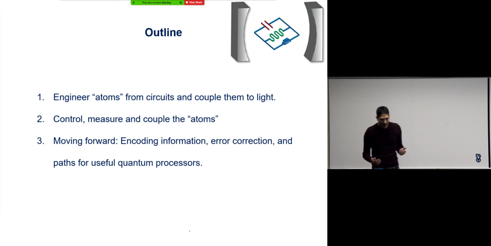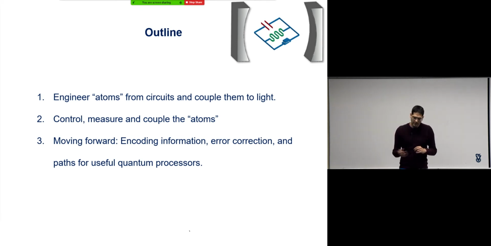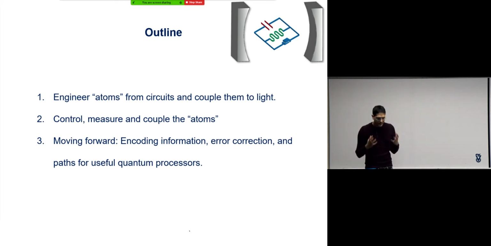But what I want to do in the time that we have are basically 3 things. What we're going to do today, I hope we're going to finish that up today, is number 1. I'm going to show you how to engineer these atoms from circuits. How we go from, I just told you in words, we take capacitors, inductors, and so on, and it becomes these level systems.